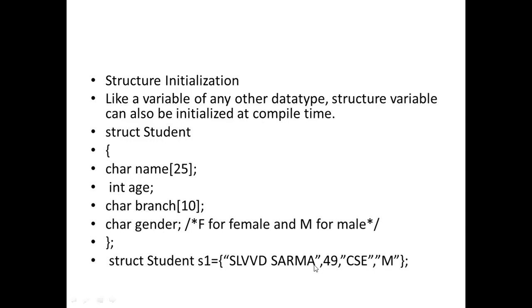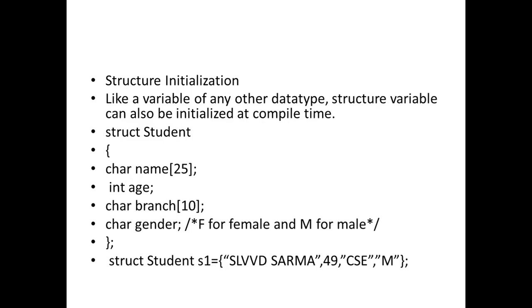So it's just a typing mistake. Don't put double quotes; you have to put single quotes. These values are put in curly braces, and it should be terminated by a semicolon. So this is one approach, the initialization of the structure variable.